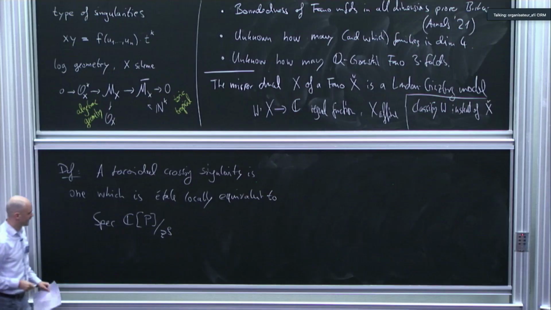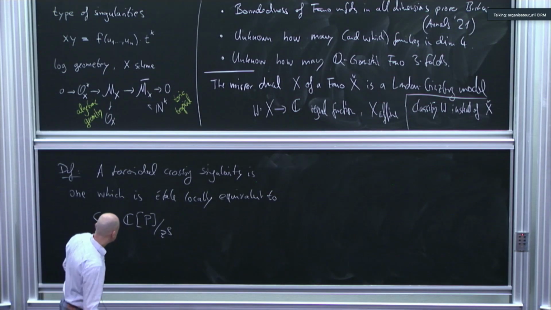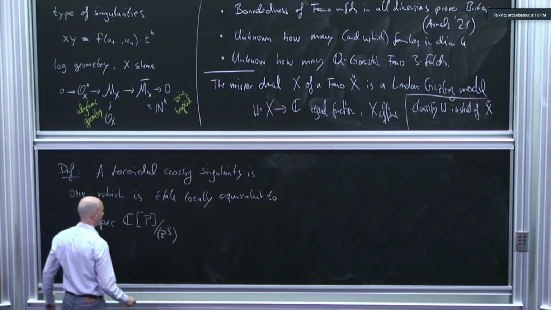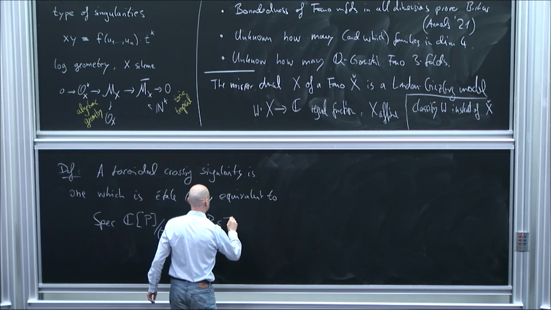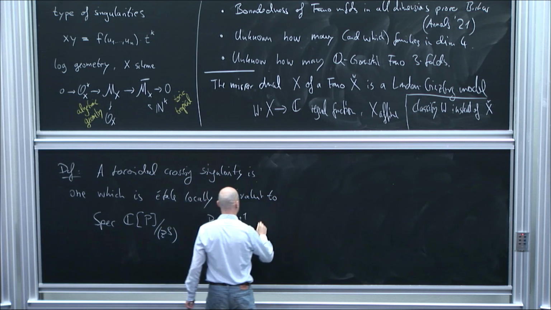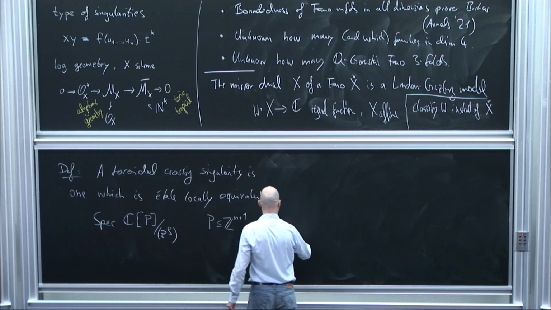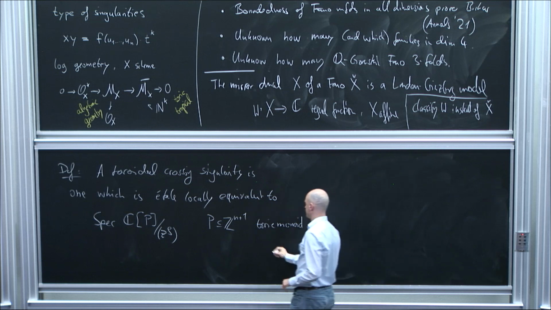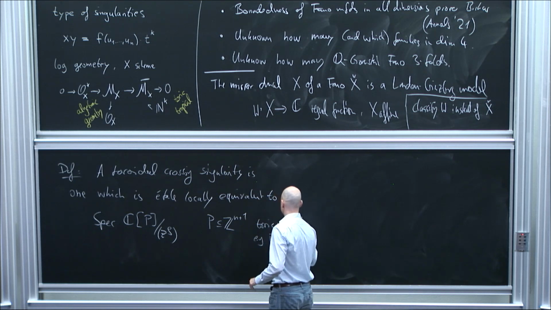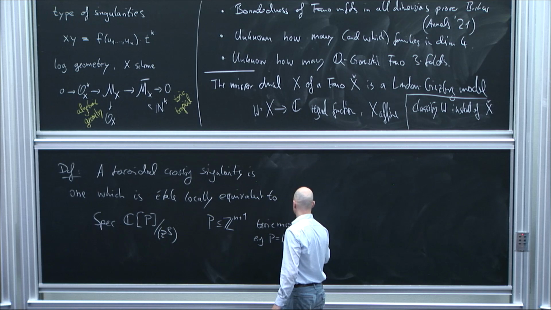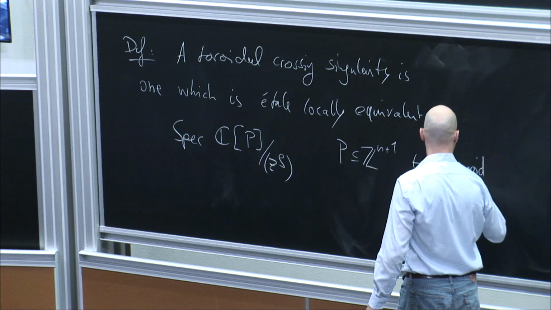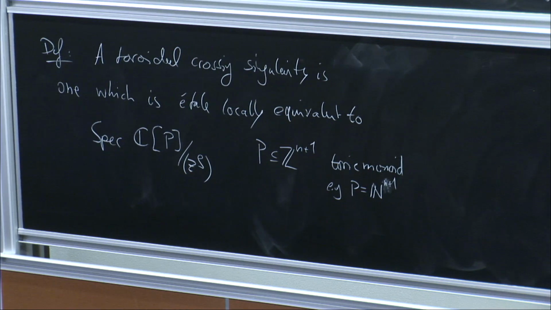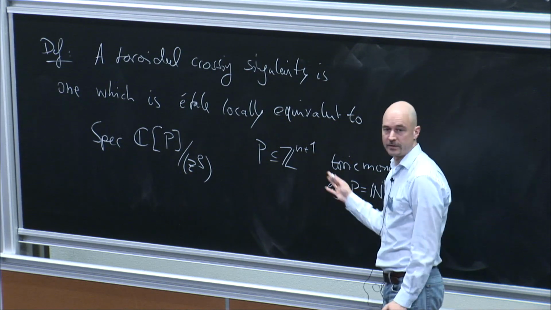Okay, let me explain what that is. So here, this is an ideal, a principal ideal generated by a single element. Here P is in some Z^(n+1), a toric monoid. So for instance, you can think of P being, as I said before, N^(n+1) in this case, just the non-negative elements in Z^(n+1).